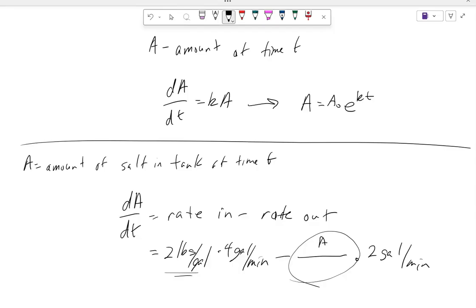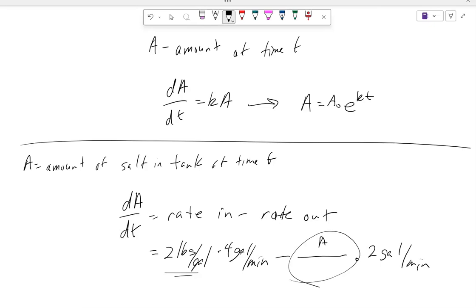To get concentration, what do I need to know? How am I going to get a concentration? What do I need to divide the amount by? Gallons at time t, right? All right. This is a little bit harder. I agree. It's a little bit harder because, well, it's always harder.